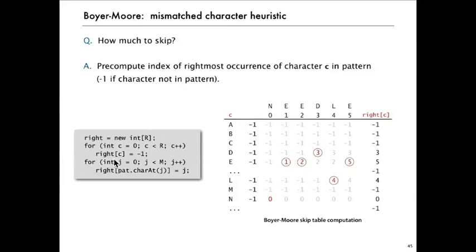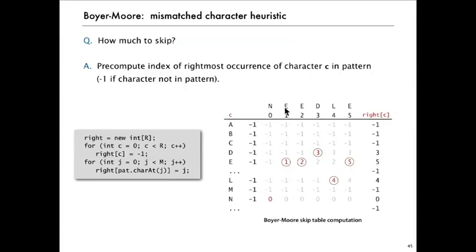And so all you do is go through the pattern, and let's start with N. So we want to fill in this table for N, and it says, if we are going to find an N in the text, what do we want to do? We want to move to the next text character. We want to compare the next text character against this one, which is 0. So right[pat.charAt(j)] = j, and that's going to fill in that 0.